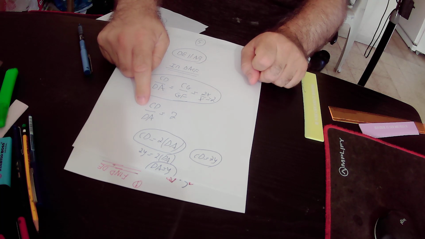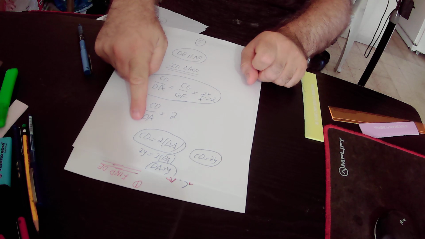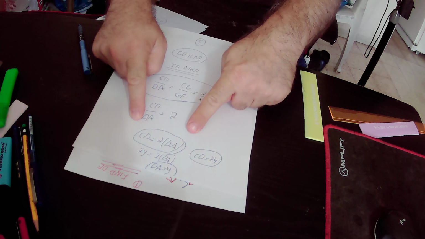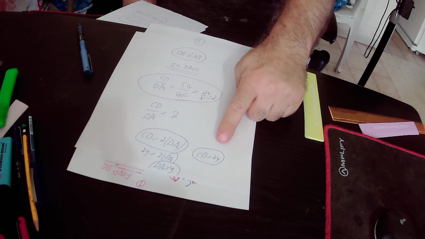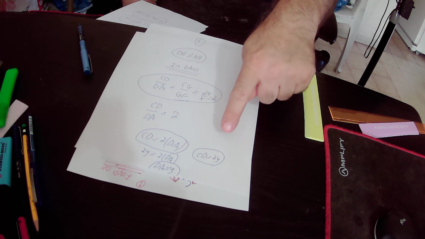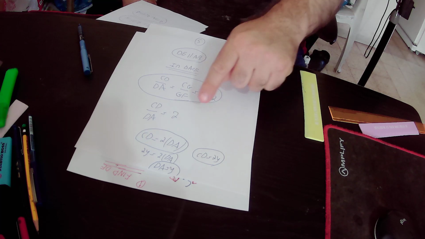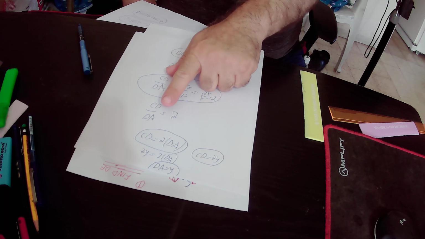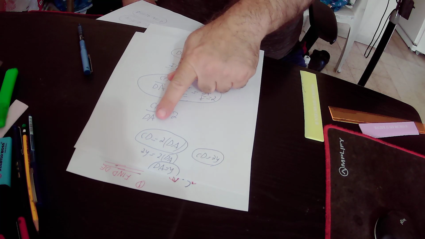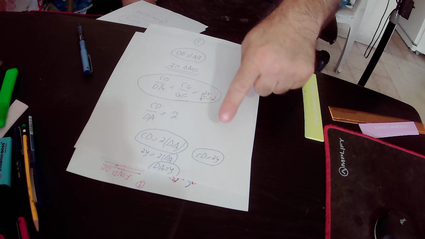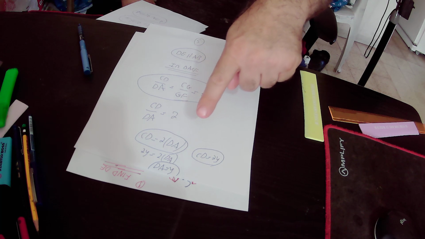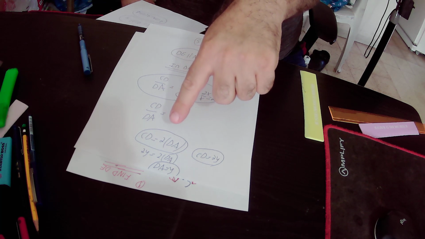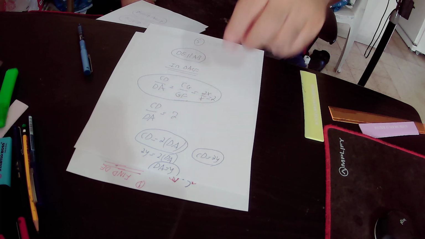If we multiply this equality by DA, we get that CD equals 2 times DA. CD equals 2 times DA, and if we define CD as 2y, that is to say CD equals 2y, then we substitute CD by 2y. So we get that 2y equals 2 times DA, and we divide this equality by 2, and we get that DA equals y.